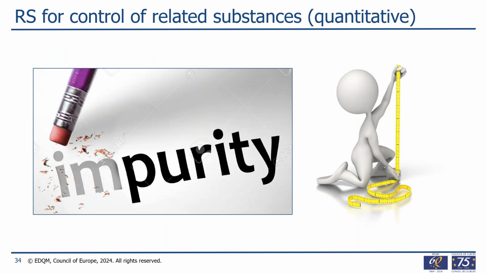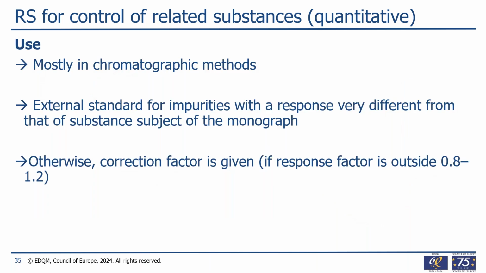And then finally, we arrive at the fourth category, which are the impurities used for quantitative purposes, so the external standards basically. They are mostly used in the chromatographic methods, LC and GC, or also TLC, and they are external standards for impurities with a response that is very different from the substance subject of a monograph.